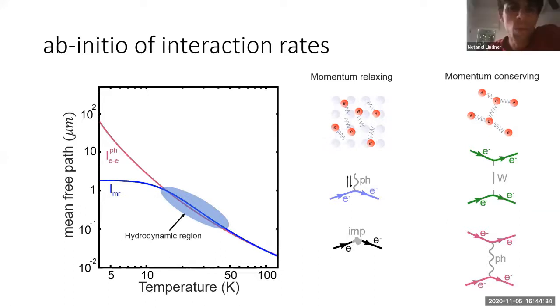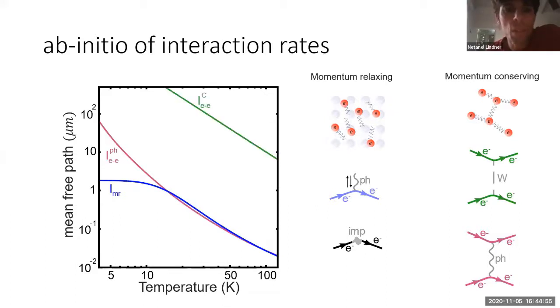But what about Coulomb scattering? I thought the Coulomb scattering should usually give you a much faster time scale than relaxation. So you think that Coulomb gives you a longer mean free path?